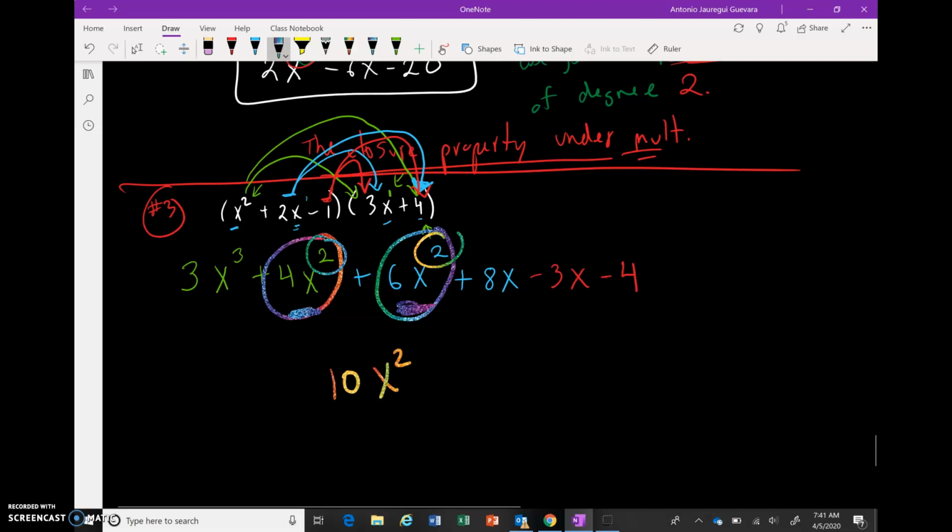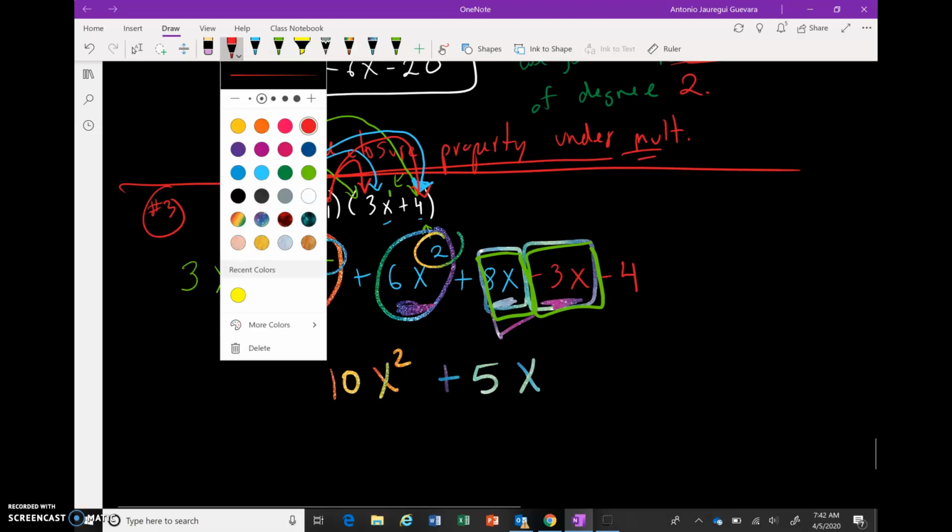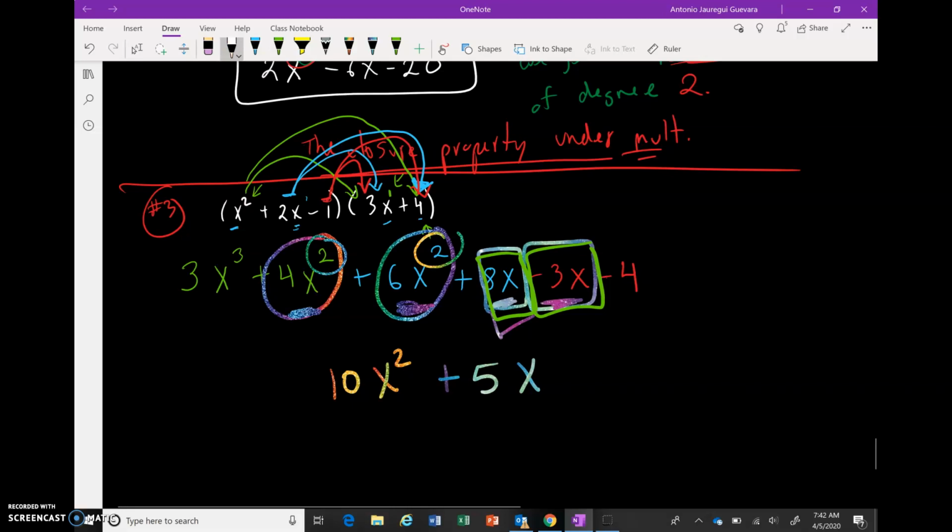I'm going to combine these like terms right here. 8x minus 3x should give me 5x. And then you drop down your negative 4 because there's no other like terms, and you drop down your 3x cubed.